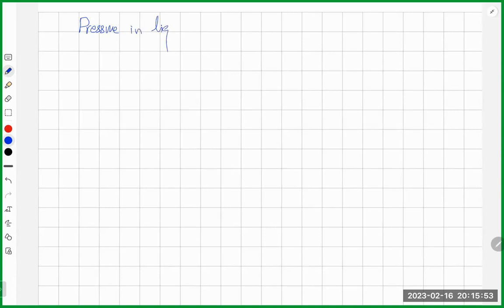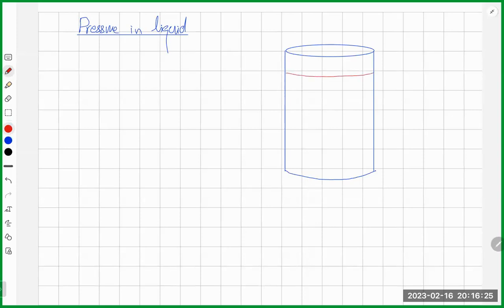Pressure in liquid. This is a container. In this container, there is a liquid like this to a height of h.